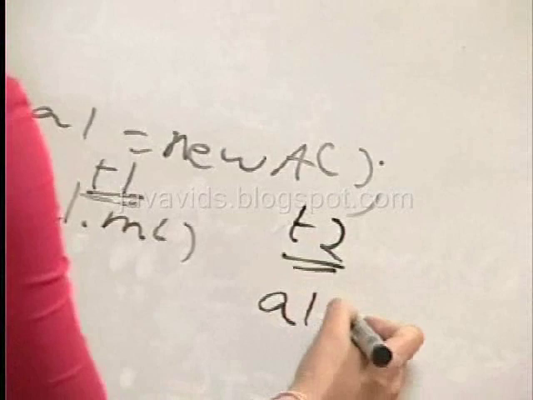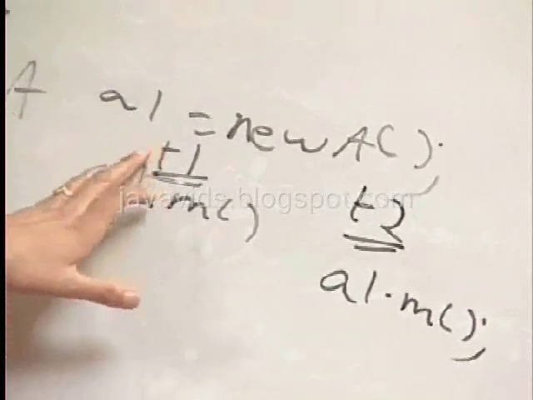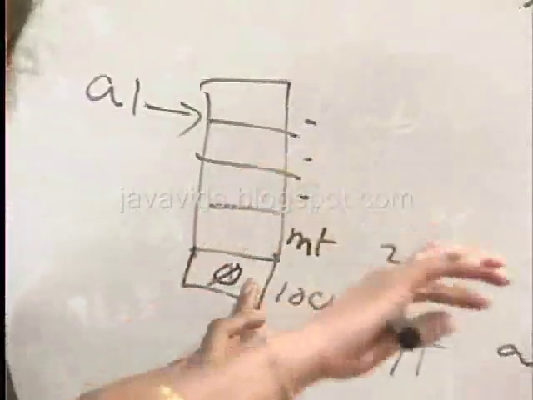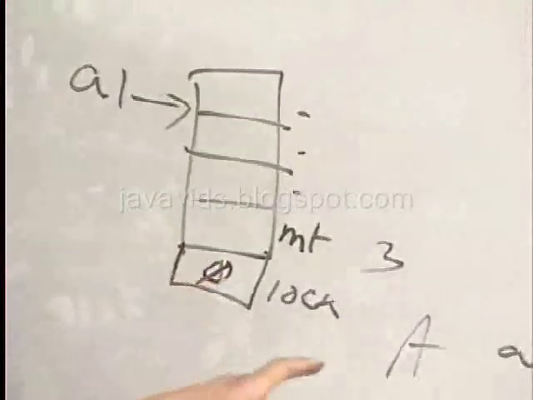Now let's say thread 2 was also trying to call the same M using this object A1. Since T1 had already placed a lock and was inside the synchronized method, T2 which has tried to call M cannot get into the method M because T2 also requires to place a lock, but the lock was already placed.